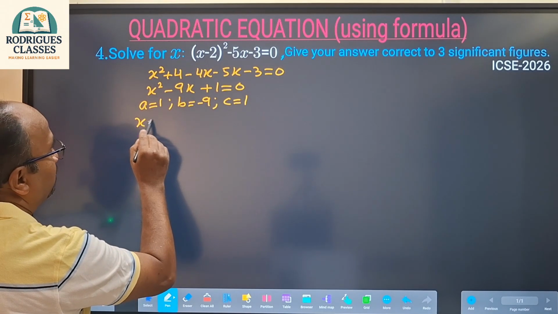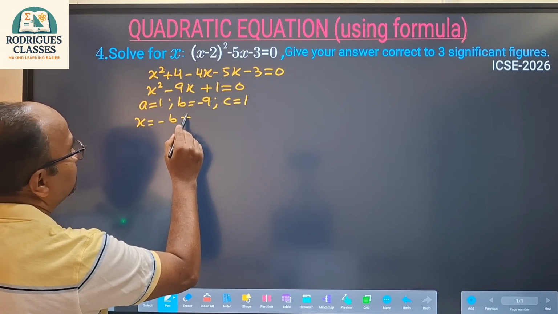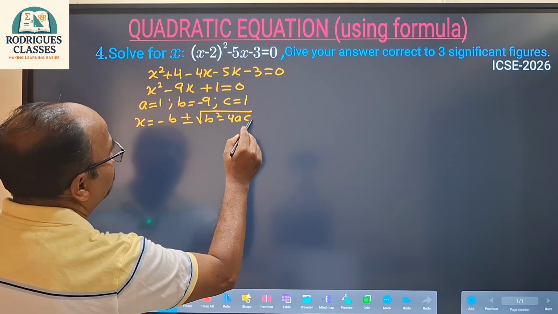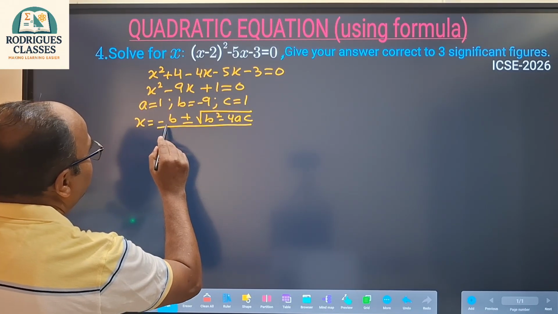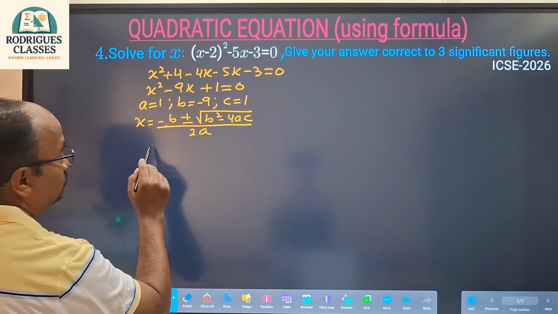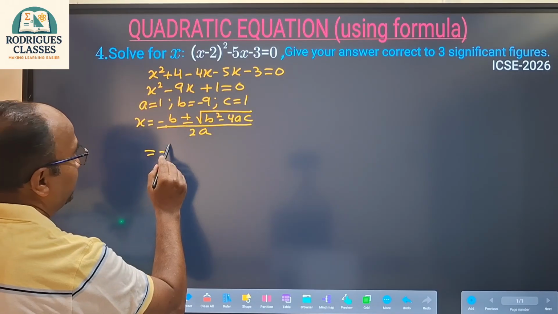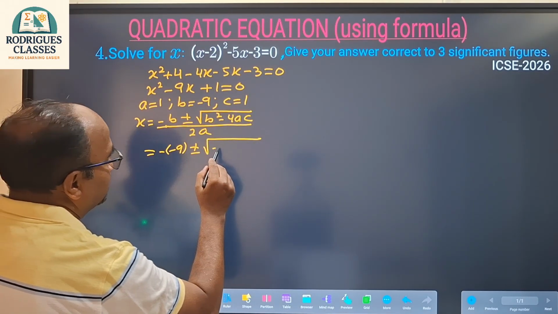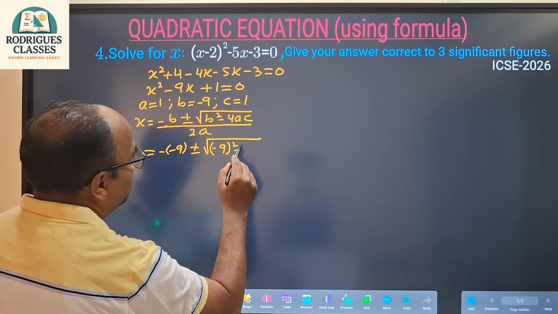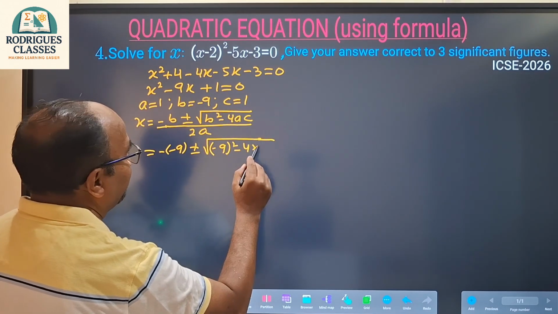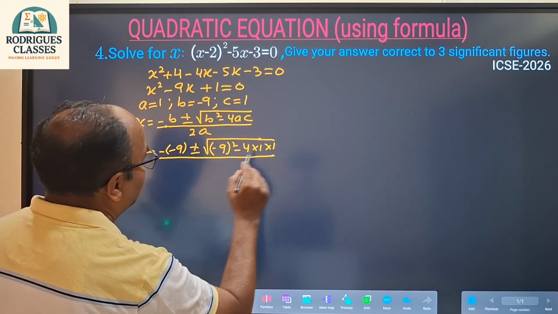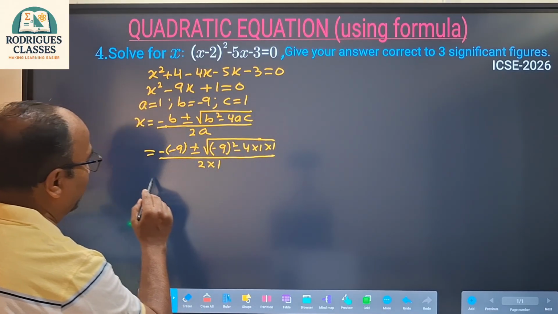So we write the formula. X is equal to minus b plus minus root over b square minus 4ac by 2a. So minus and then minus 9 plus minus 9 whole square minus 4 into a value is 1 as well as c value is 1 divided by 2 into 1.